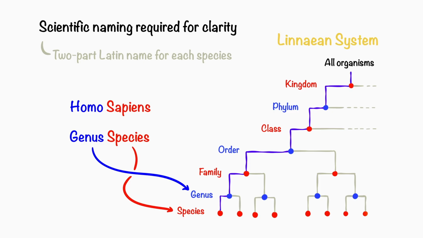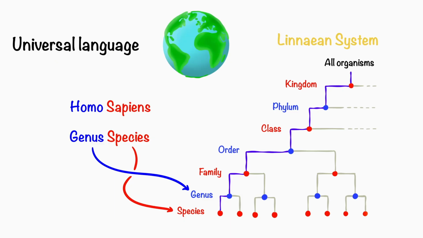This systematic approach eliminates vagueness in scientific communication. Binomial nomenclature provides a universal language for scientists worldwide. Regardless of native language or location, researchers use identical names for the same organisms.